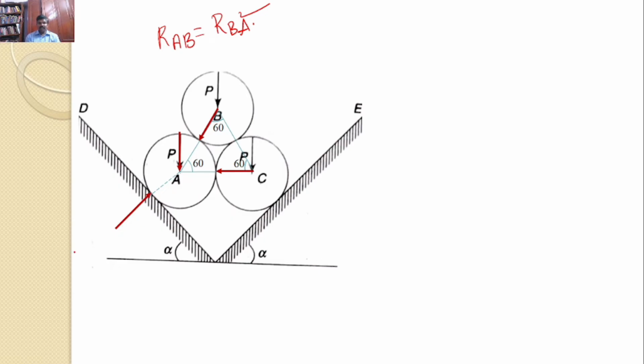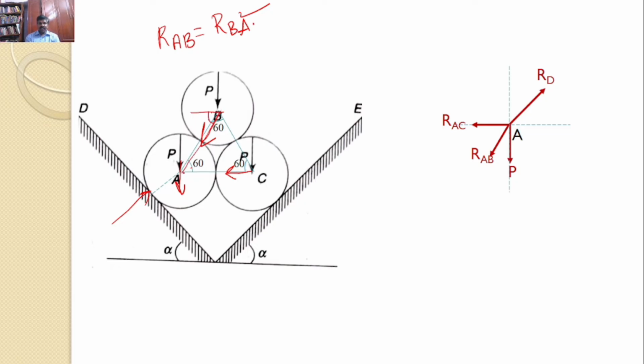There are four forces. Let us transfer all these four forces onto a separate xy plane here. Now R_AC acts in this direction, and then force P, then R_AB acts like this downwards, and the reaction force. All the forces I transfer. R_AB makes an angle 60 with the horizontal.